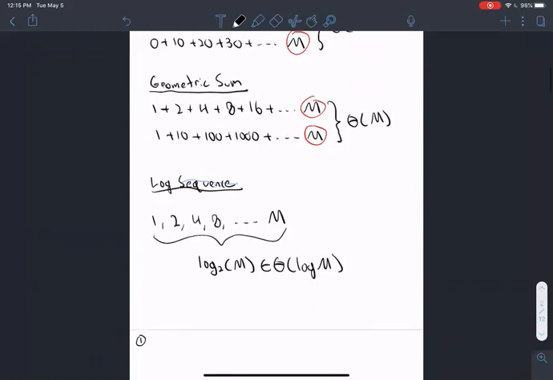And then the log sequence would be like a recursive problem where the function is f, and you call f of n over 2 inside the function.